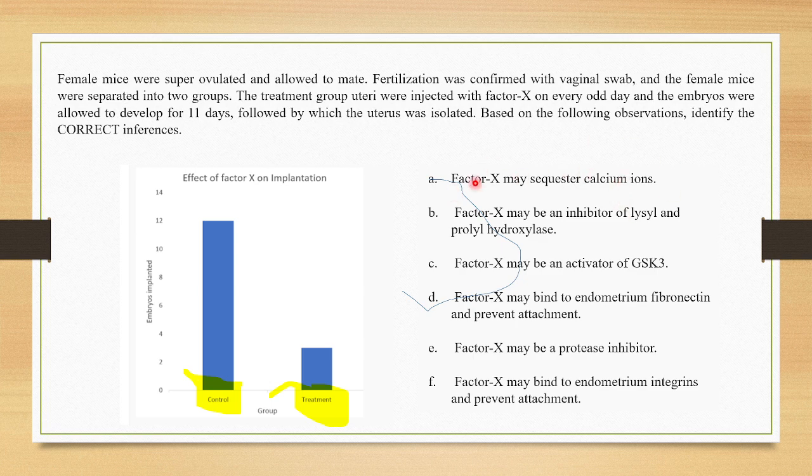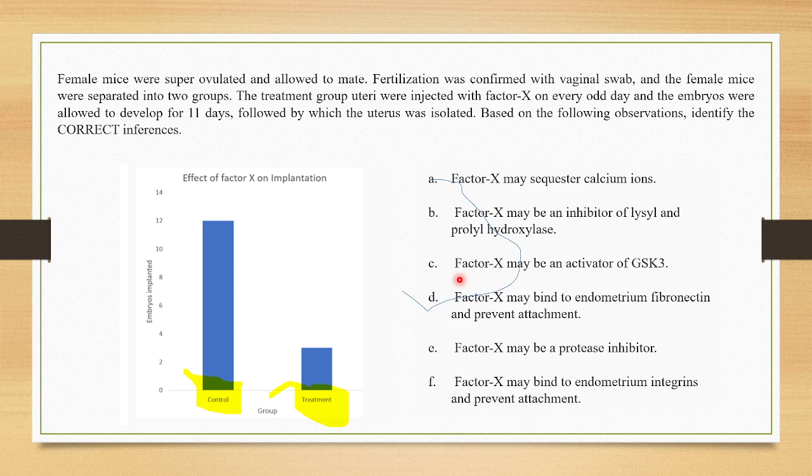It can be a correct one because calcium ions are critical for cell signaling, particularly in processes which involve cell adhesion and formation of tight junctions. Sequester means that all the calcium ions are taken up by factor X. If all the calcium ions are extracted out because of this factor X, it could impair the signaling which is necessary for the attachment of the embryo to the uterine lining, which leads to reduced implantation.